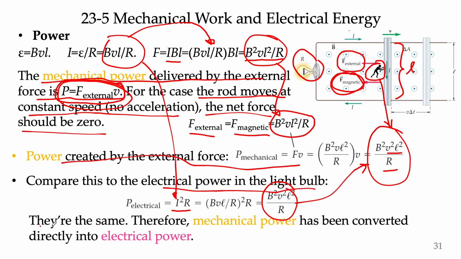That makes sense, they're the same. Therefore, mechanical power has been converted directly into electrical power. So this is some sort of a generator: if you, as a person, push it, then you can create some electric potential, and you can actually light up the light bulb with that.